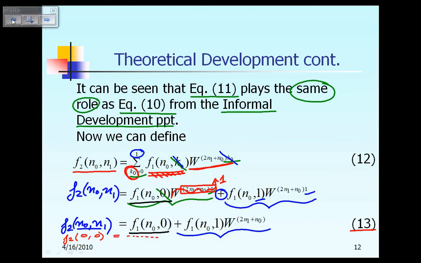Similarly, if you let n0 equal to 0, n1 equal to 1, then you get another equation. If you let n0 equal to 1, n1 equal to 0, you get a third equation. And if n0 equal to 1 and n1 equal to 1, then you get the fourth equation. So equation 13 can give you 4 equations depending on the combination of the values n0, n1 that you want to have.